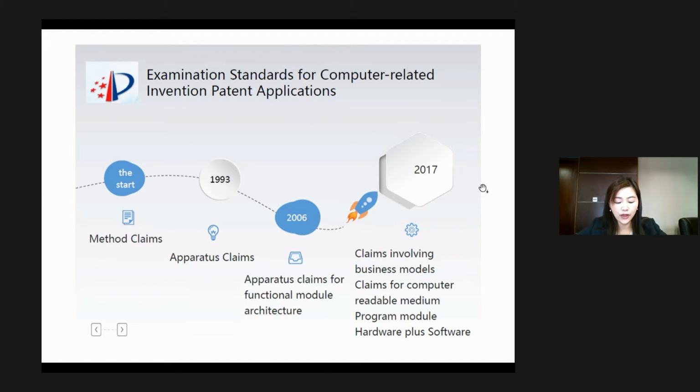In 2017, it's clearly allowed to draft claims involving business models, claims for computer readable medium, and claims for program module hardware plus software. In the past, claims written by software plus hardware would be regarded as unclear as to the scope of the claims. At present, the general public has accepted that the special writing method, which is clear to those in the computer field.